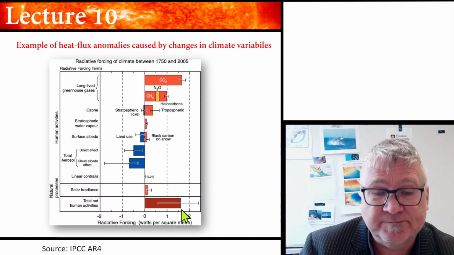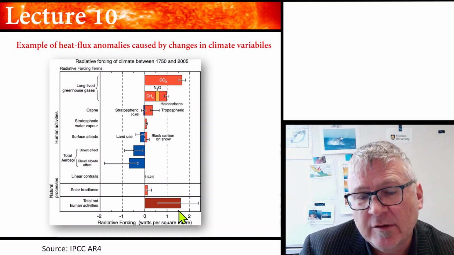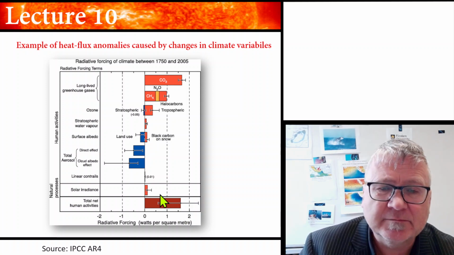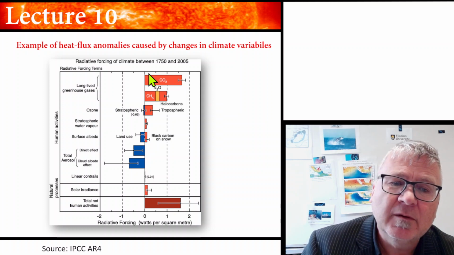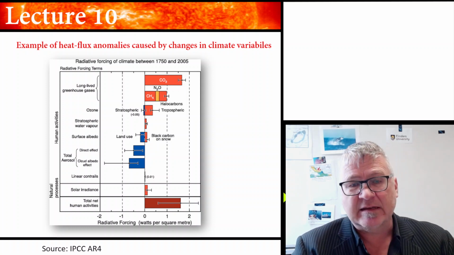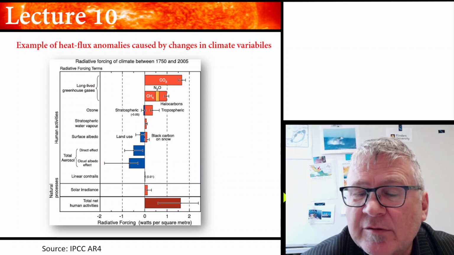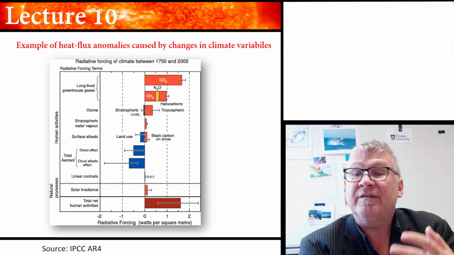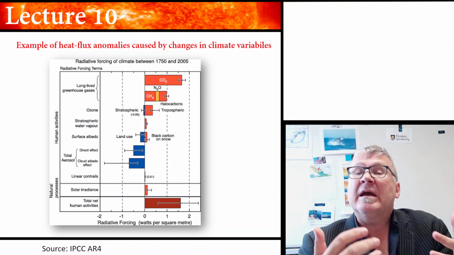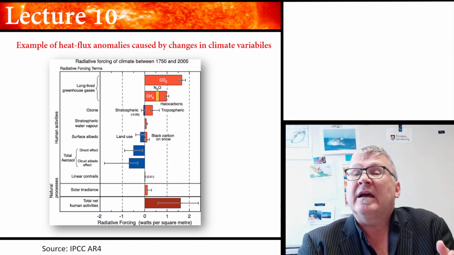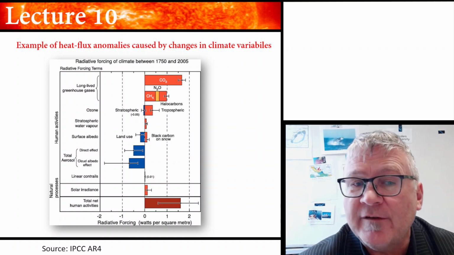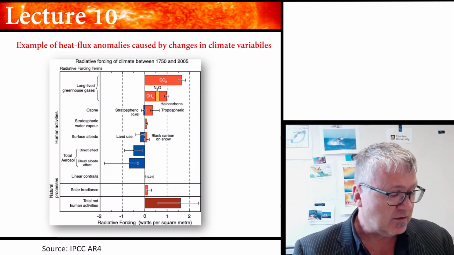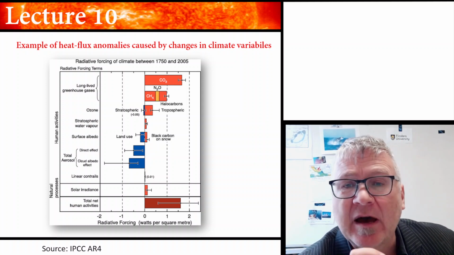Here it's about 1.6 or 1.7 watts per square meter. Okay? All right, so that is something to take away. And this is why you can use the CO2 effect as a proxy of the total effect. All right, so this is the end of the first part of this lecture.